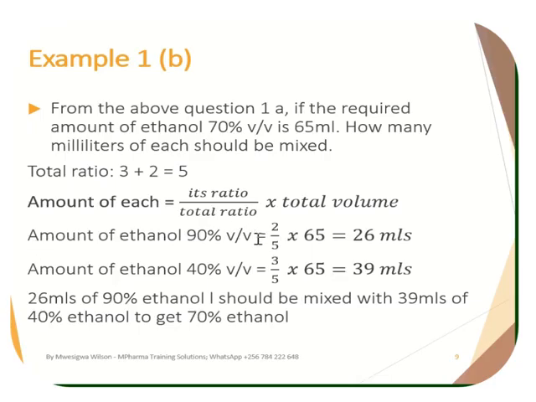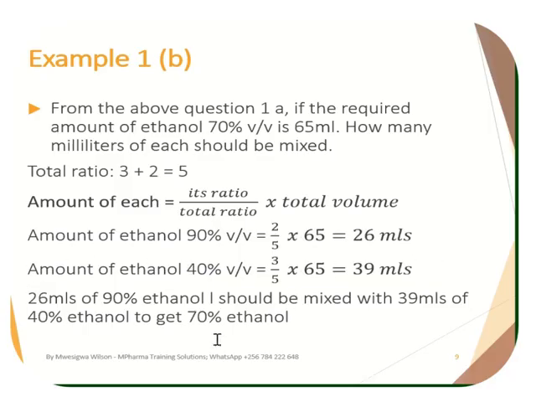It's good to indicate what you are calculating. Some of us calculate the way we want, just go and start calculating. No, indicate what you are calculating. Its ratio, which is 2 out of the total 5 times 65. I get this. Also amount of ethanol 40%.